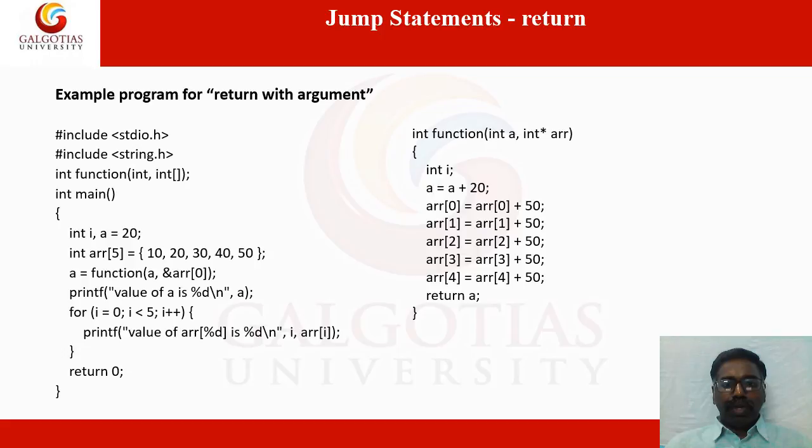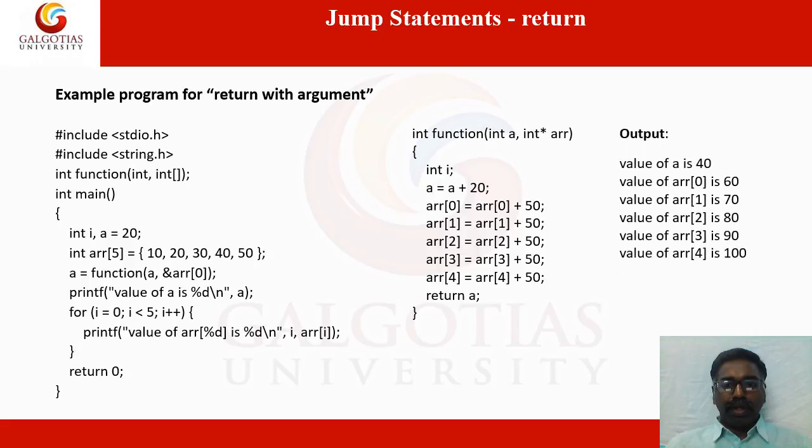We receive the variable, and the address is received by the pointer variable here, and then we are going to add a constant value to each and every element of the array, and it is returned back to the main function, where using a for loop, the array values are displayed. Then we check with the input and output.